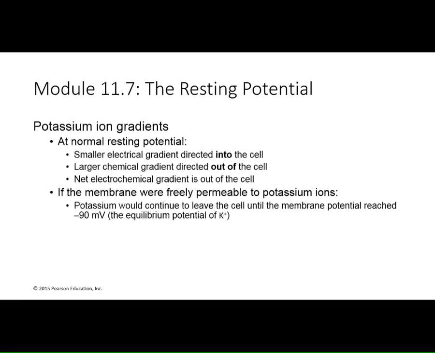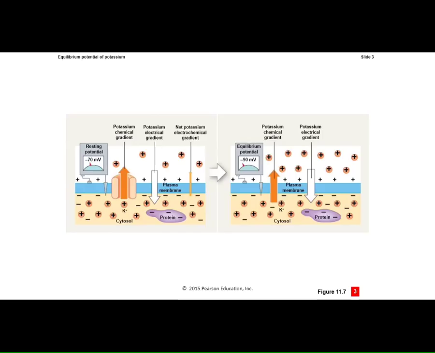So again, potassium at rest. We've already talked about how molecules would move into and out of the cell. And if the membrane were freely permeable, if all of the potassium could go to where it would want to go, then we would get that negative 90. Okay, just to understand where that negative 90 number is coming from, not one for you to necessarily memorize. But what we see here is negative 70, I know this is small, negative 70 on the left, that's our little voltmeter.